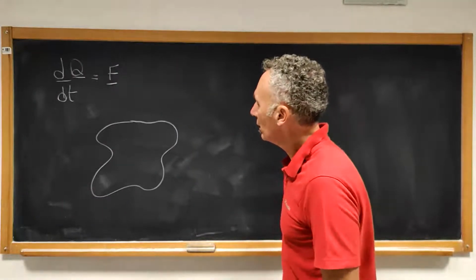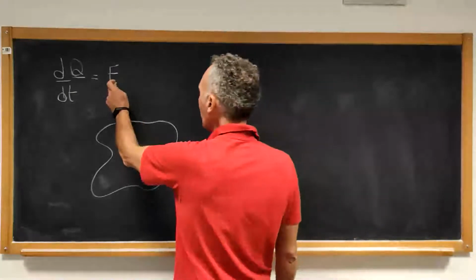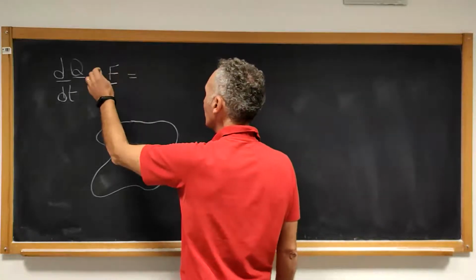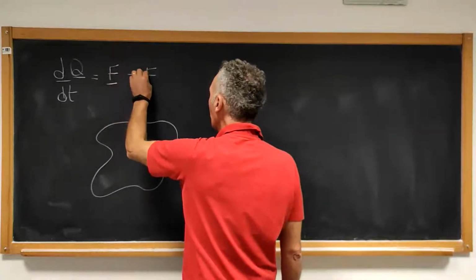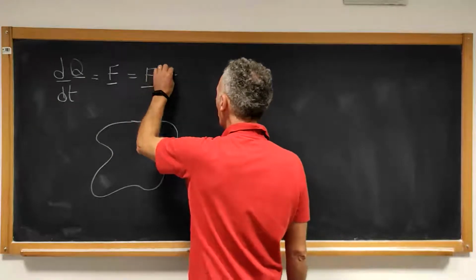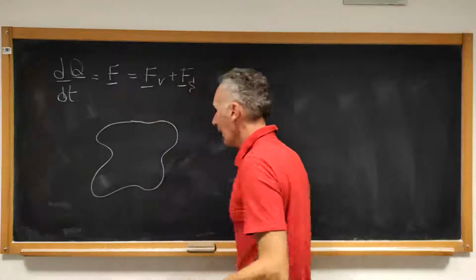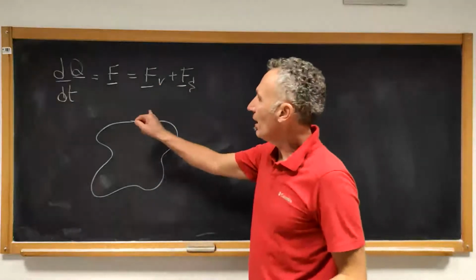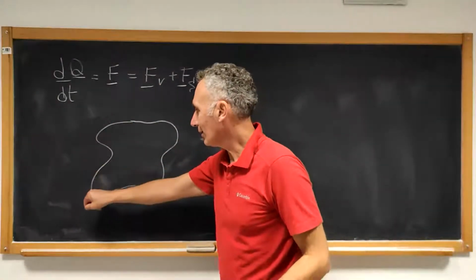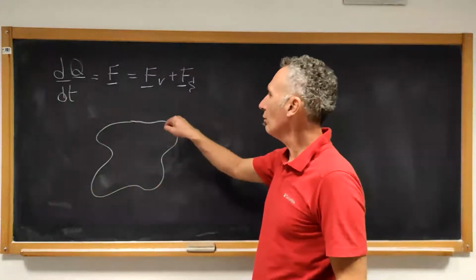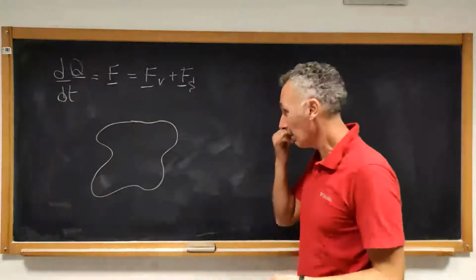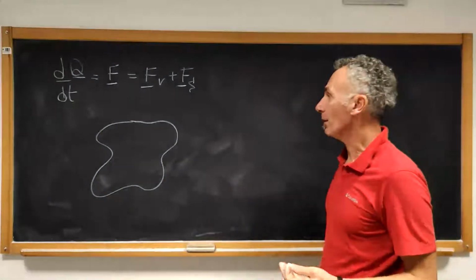Now we can separate the resultant of forces into volume forces plus surface forces, and the surface forces being the resultant of the actions of the loads that are applied to the system through its boundary.